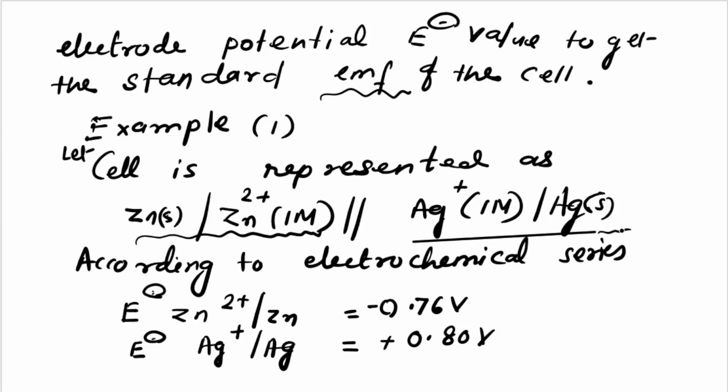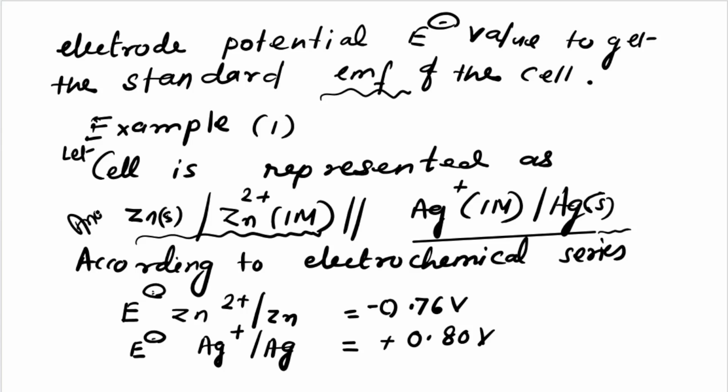This part, sorry, this is not cathode, this is anode. In the cell representation, actually the right side is cathode and the left side is anode.